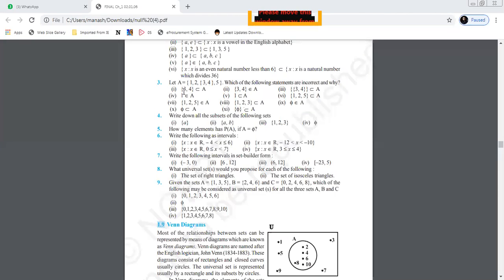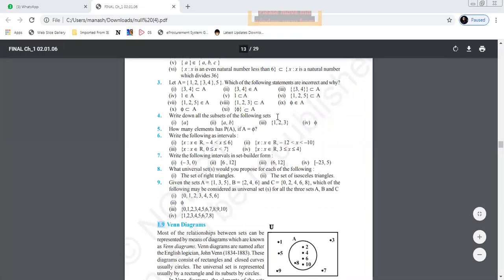Here 3/4 does not represent a set. It represents an element of the set A. See here, 3/4 is in the set A. So that's why it is not a subset of A. Okay. Now tell me, in the second one, 3/4 belongs to A. Is this one true or not?